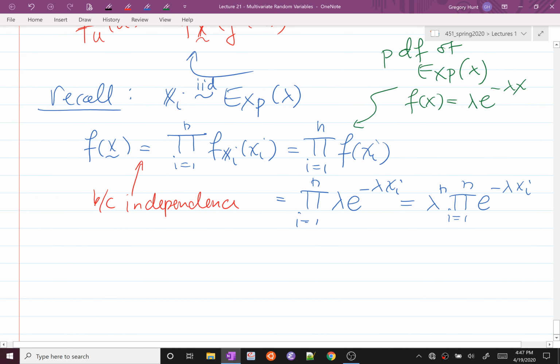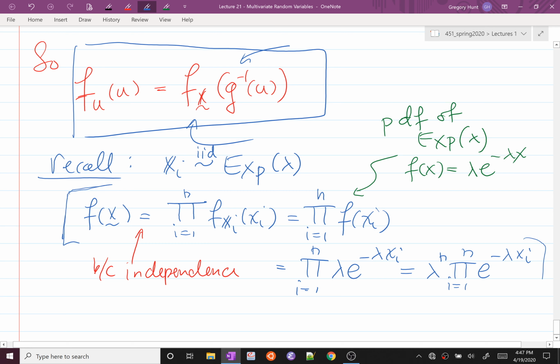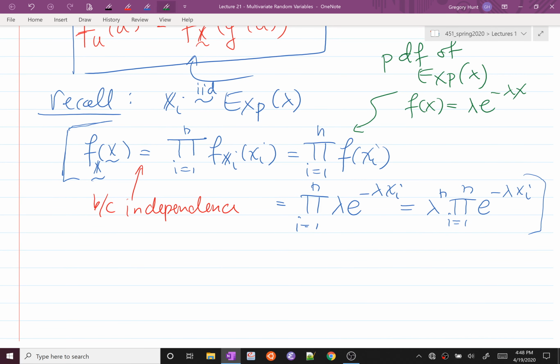Okay, so why are we getting this, right? In our formula here, we needed the joint of the x's. So this is this f sub x here. And we now know what all the inverses are. We know what f x is, so we get the joint of the u's by taking the joint of the x's and plugging in the inverse.